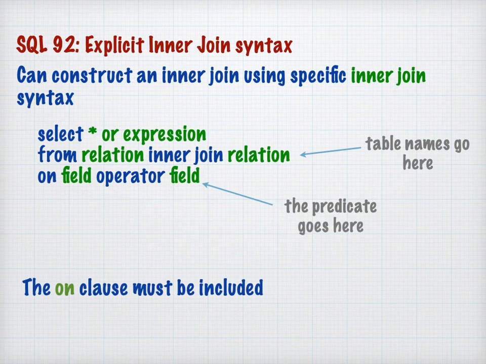Here we are. Now if you look at the words in blue, you can see we've got some new reserved words here that we can use. So we've got select, that's the same as before, and we go from, but rather than separating the relations or the tables with a comma, we put the words inner join between the tables.